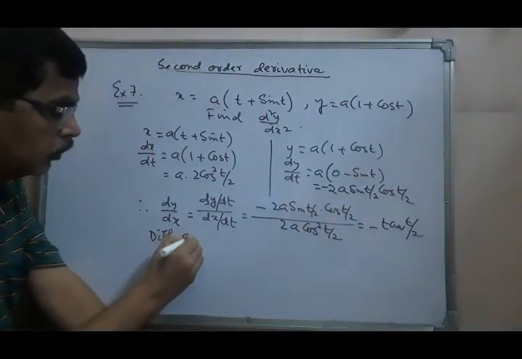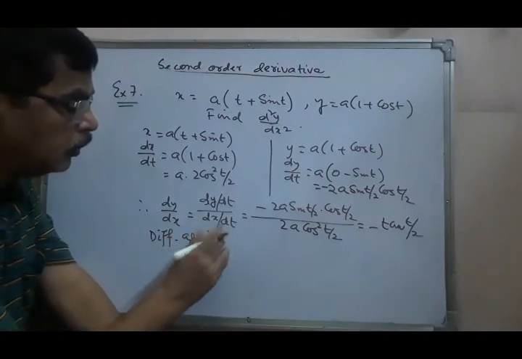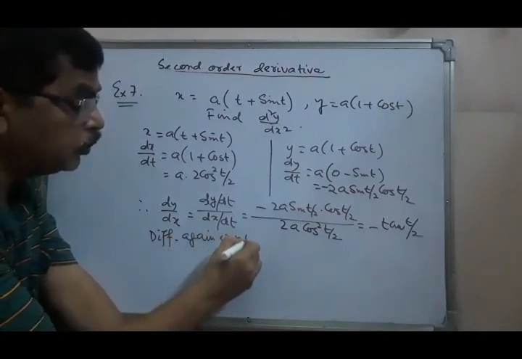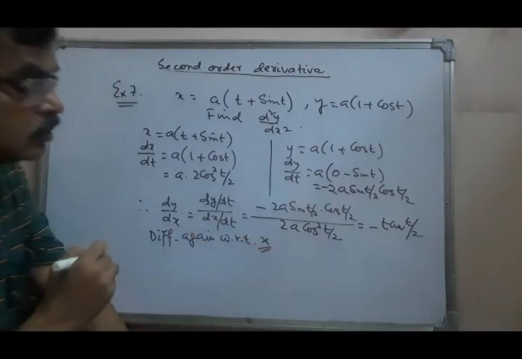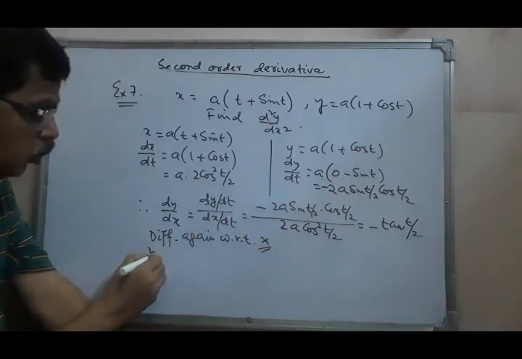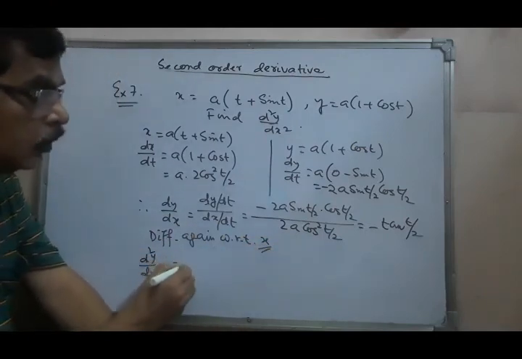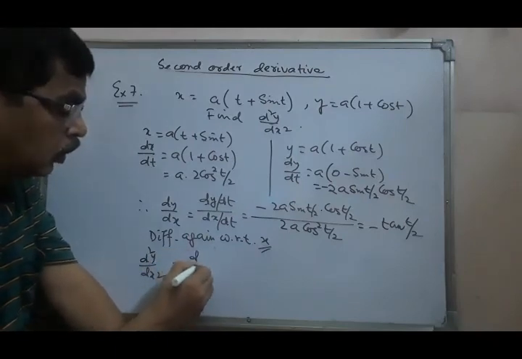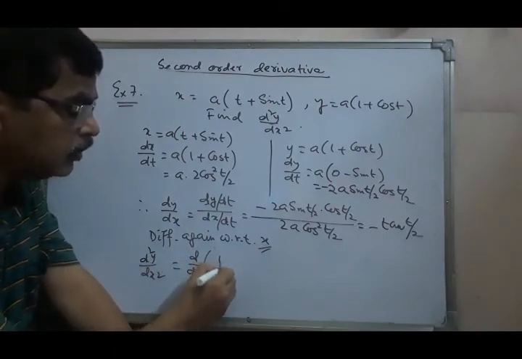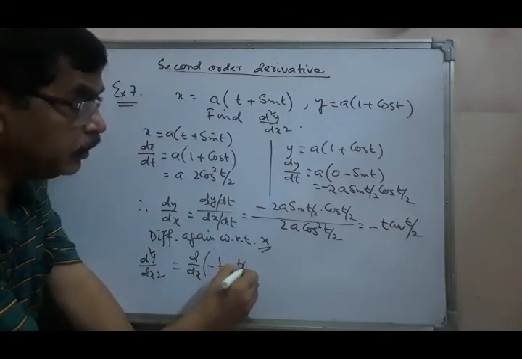Differentiating again, remember, with respect to x, so d2y by dx2 equal to d dx of minus tan t by 2.